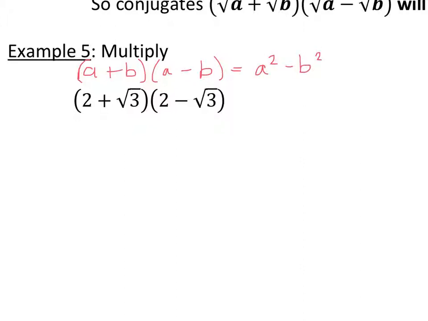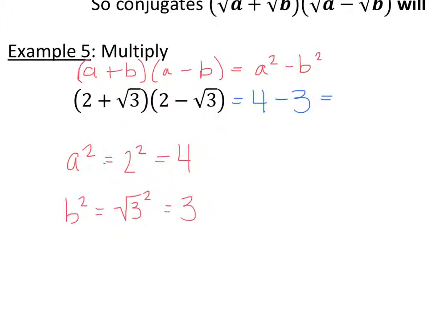Well, what is A squared? 2 squared, right? So it's 4. Okay, what's B squared? Square root of 3 squared, which is just 3. So our answer will be 4 minus 3, which is 1.